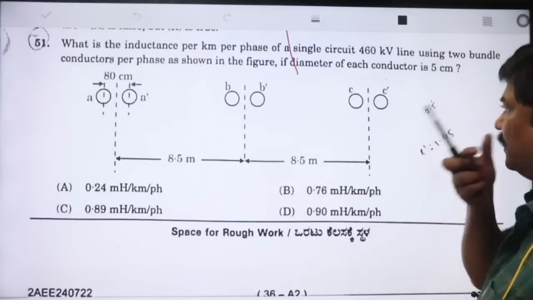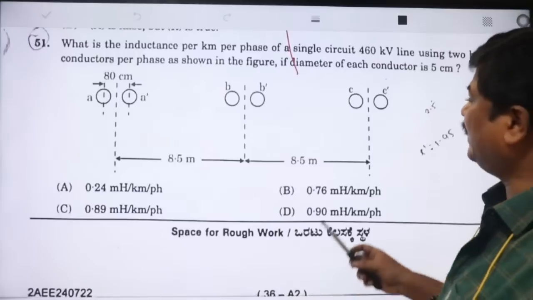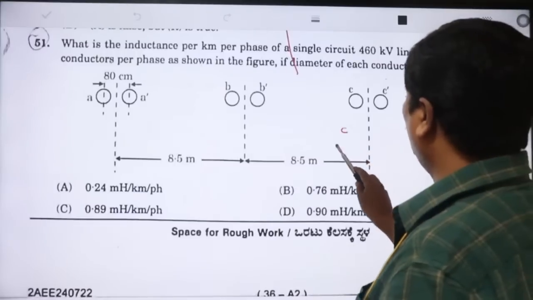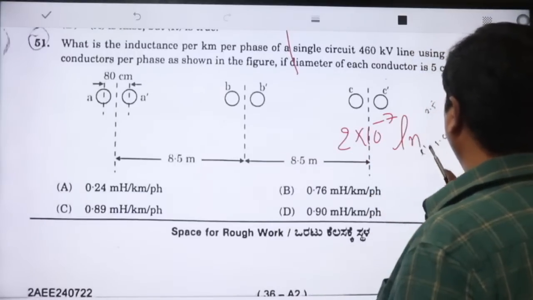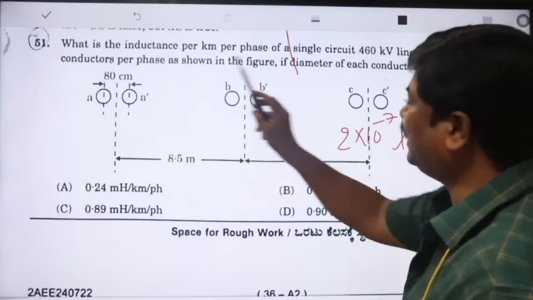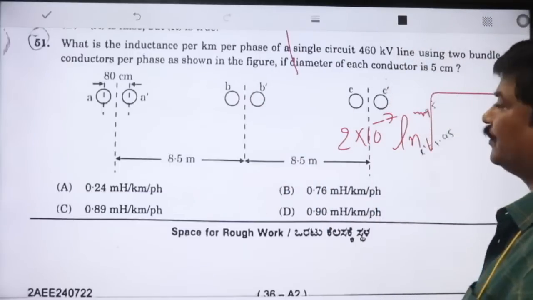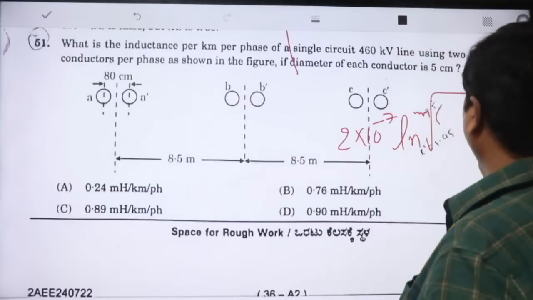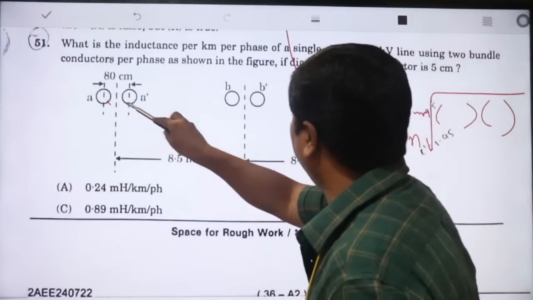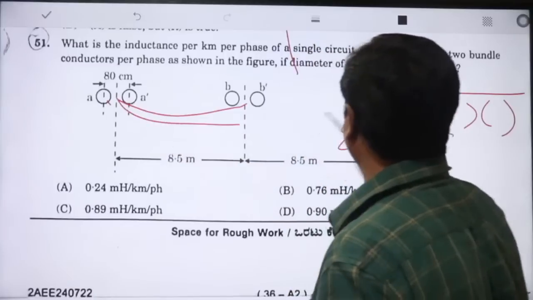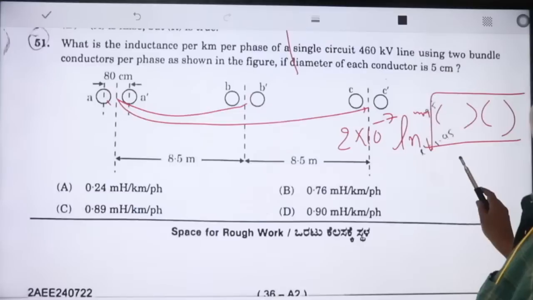If you have a bundled conductor, what is the bundled conductor? We have to go for that. The inductance is 2 into 10 power of minus 7 ln of the (m into n)th root of the product of distances, m group to n group, where we take the distances from this conductor to this conductor, and from this conductor to this conductor, divided by the geometric mean radius.